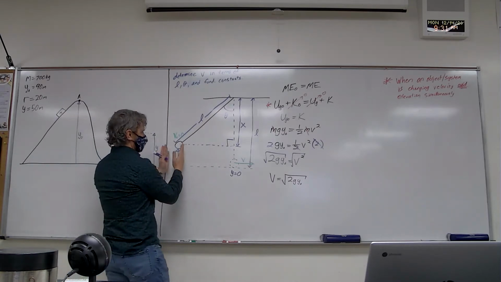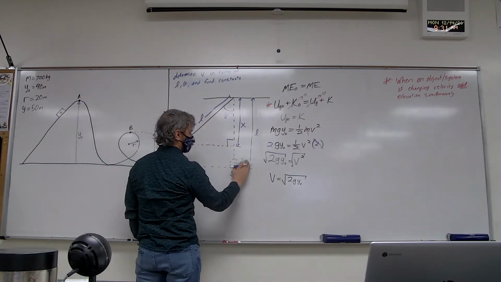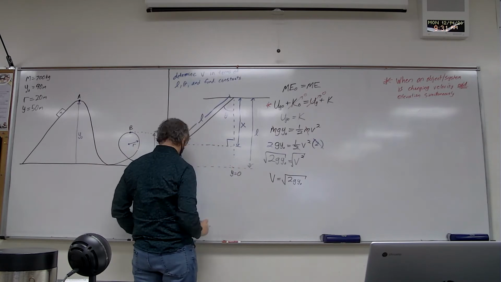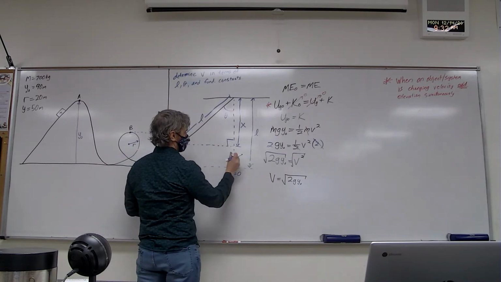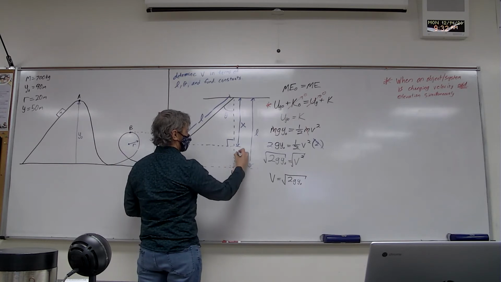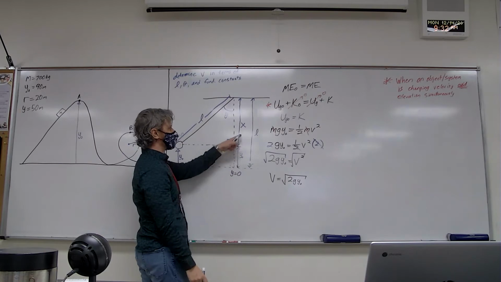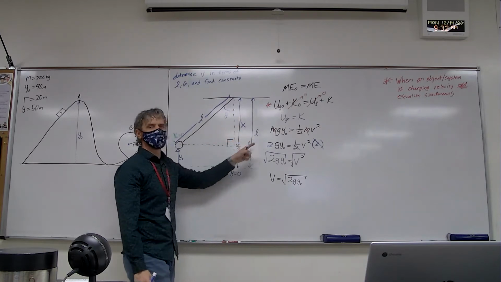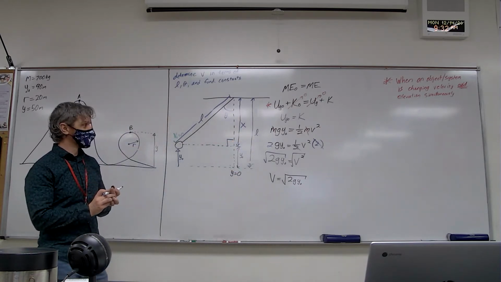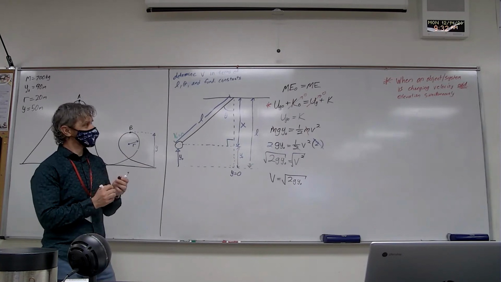If I take y naught and put it over here, let me erase this guy. Let's just look at the geometry for now. This right here is y naught. Putting it here should make it obvious. y naught plus this distance x should equal the length of the pendulum. That's just geometry.